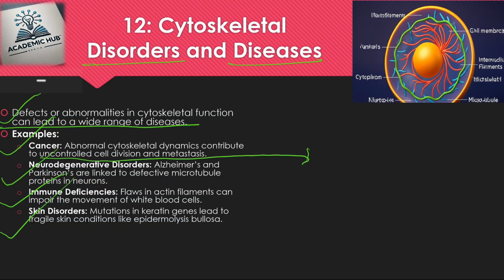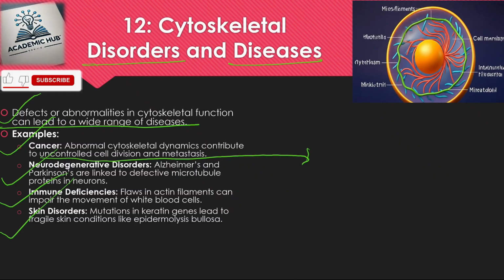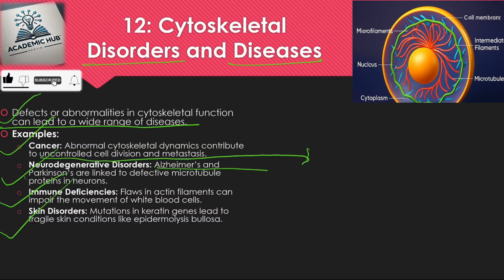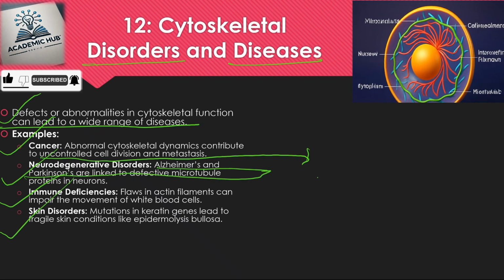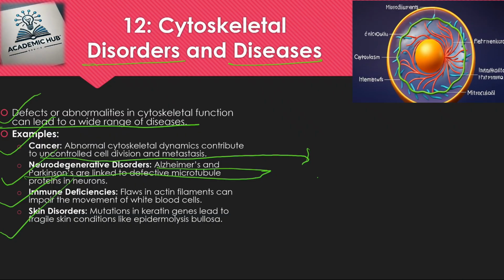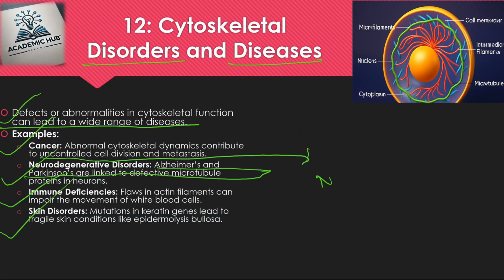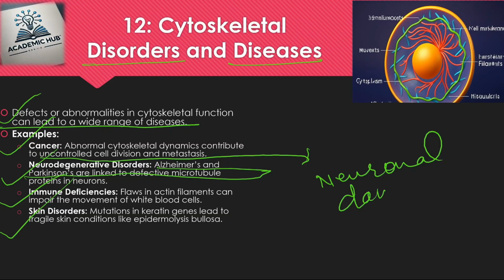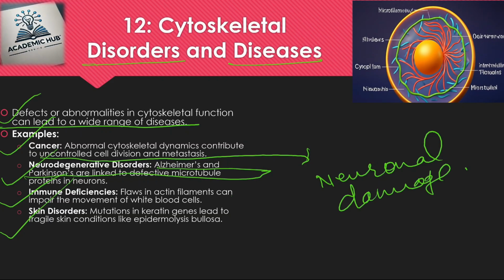Next are the neurodegenerative disorders. Alzheimer's and Parkinson's are linked to defective microtubule-associated proteins causing neuronal damage. Next are immune deficiencies.